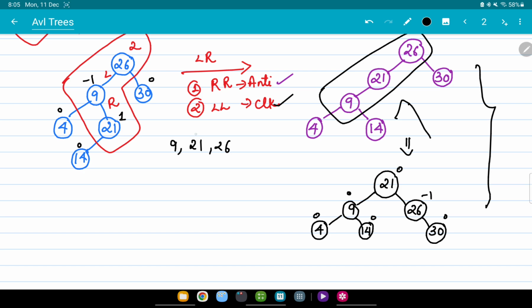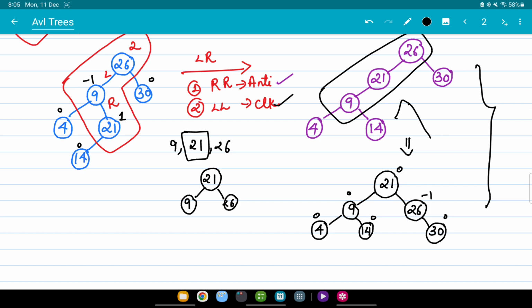Now check for the middle element over here. So the middle element is 21 over here. Okay, now try to make a binary search tree such that 21 is at the middle, and the left element will be 9 and right element will be 26. That is, whatever comes as the middle element, make it the root node, and then take the left and right subtrees.